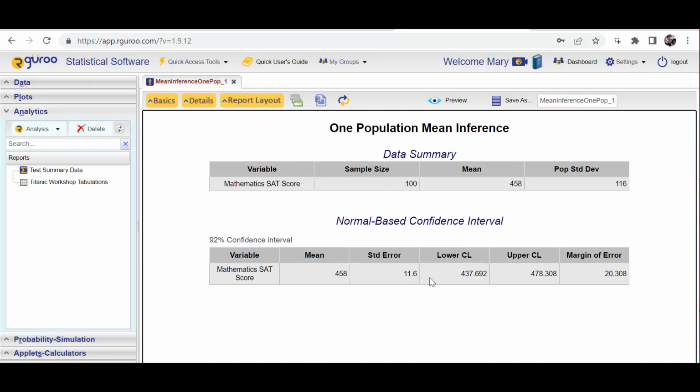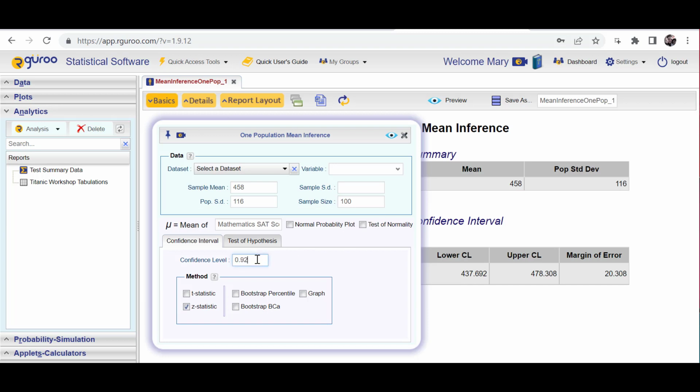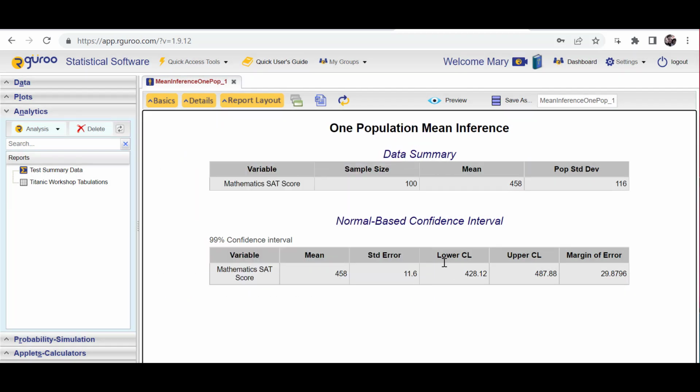Hit preview, and you can see, oh, I'm sorry, let me go back. It wasn't 92%, it was 99%. I misread that. All right, here we go. And so we get 428.118, so it's the same thing, just rounded, and 487.882.